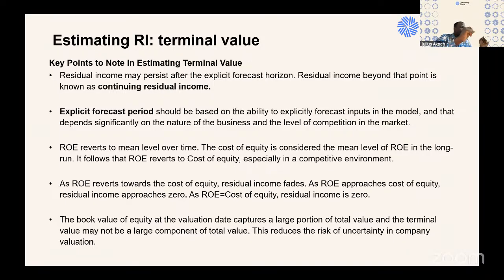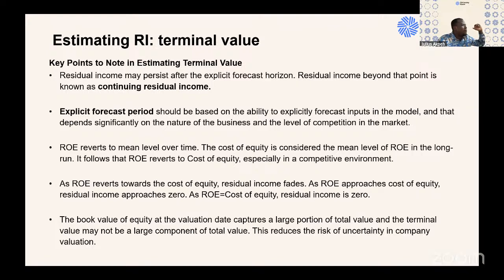The second one is that the convergence is happening right at the end of the explicit forecast period. This is like the competitive advantage or disadvantage, or maybe the market is extremely competitive, such that the advantage or disadvantage may not go beyond the explicit forecast period. The other one, which has to do with the ROE and the cost of equity converging over time, the speed of the convergence is a matter of how long it will take the company to sustain its competitive advantage.